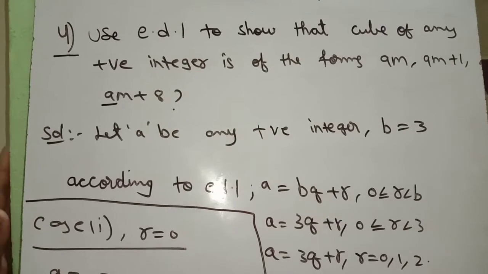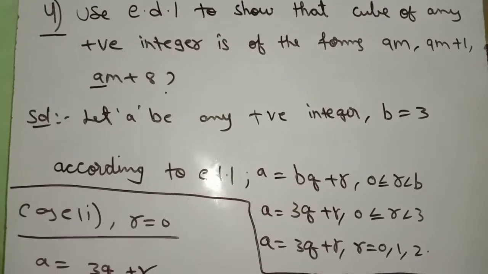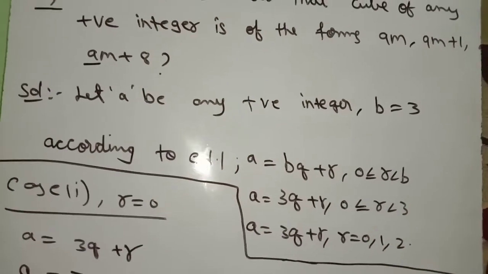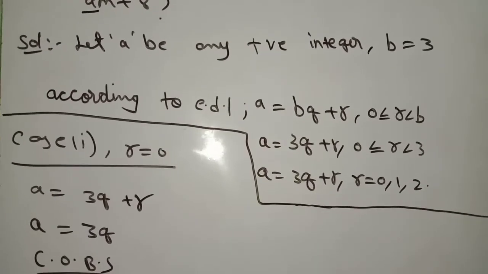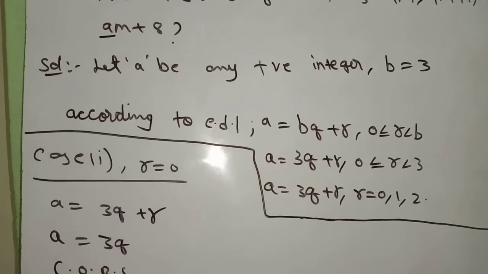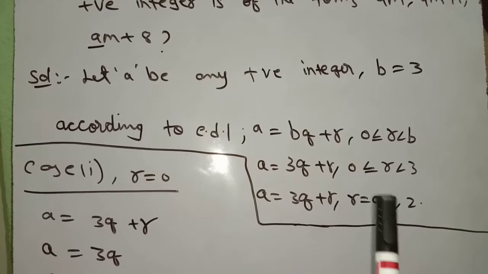So in place of 9, we can write b equal to 3. According to Euclid's division lemma, a is equal to bq plus r, where 0 is less than or equal to r less than b. So a is equal to 3q plus r, where r equals 0, 1, 2.